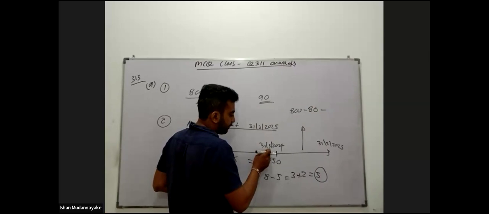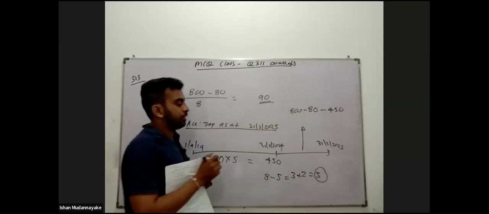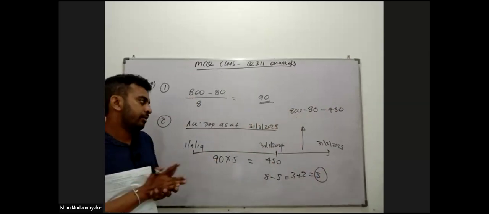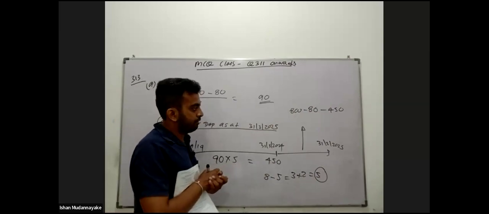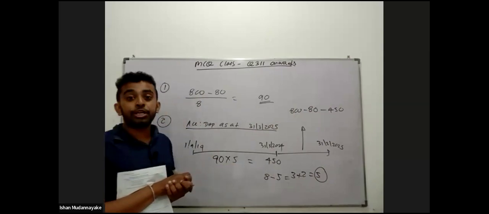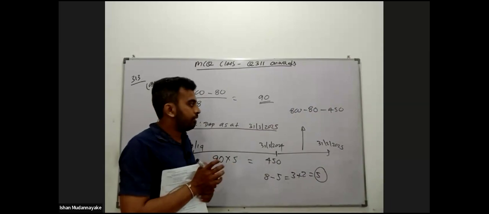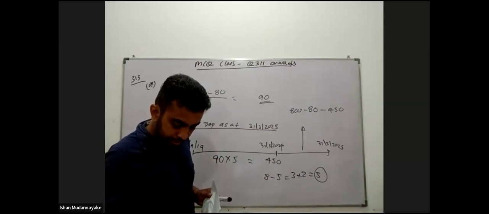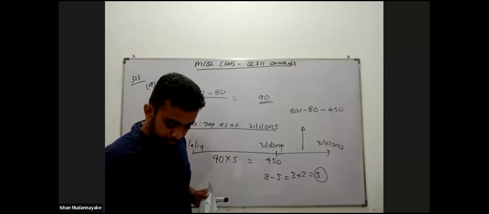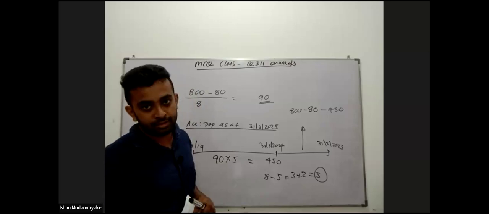Accumulated depreciation as at 31st March 24 is 450. Depreciable amount: cost 800 minus scrap value 80, minus 450, gives 270.